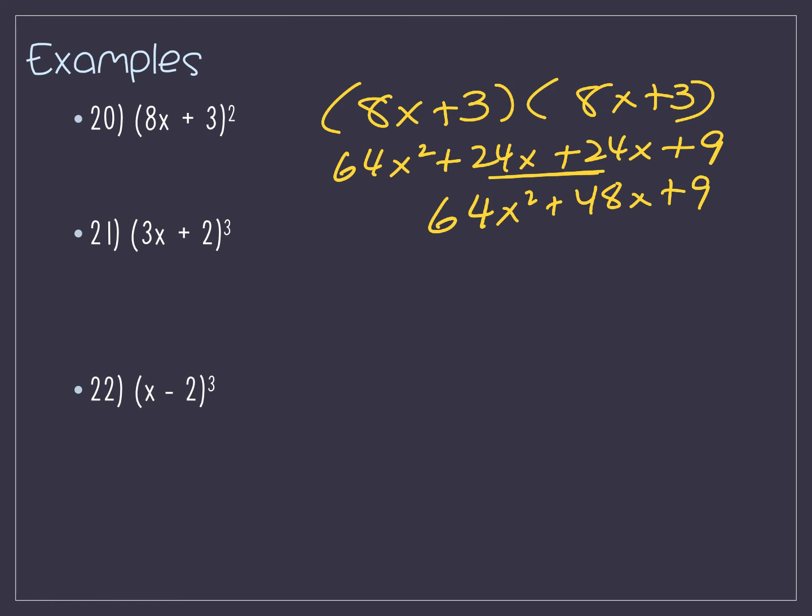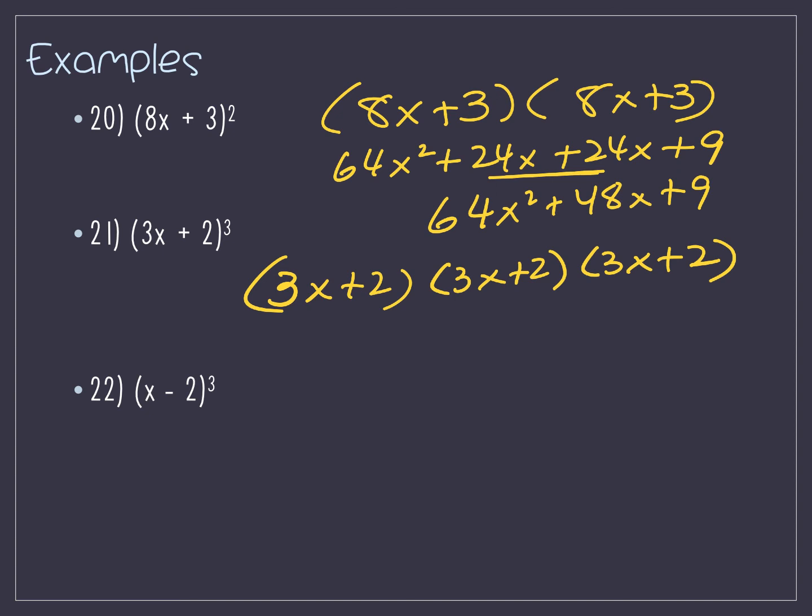Now, for the cubes, you're either going to memorize the pattern or write it down 3 times and multiply them. Honestly, it's easier, I think, to do this. 3x plus 2, 3x plus 2, 3x plus 2. So what I'm going to do here is first multiply these two.